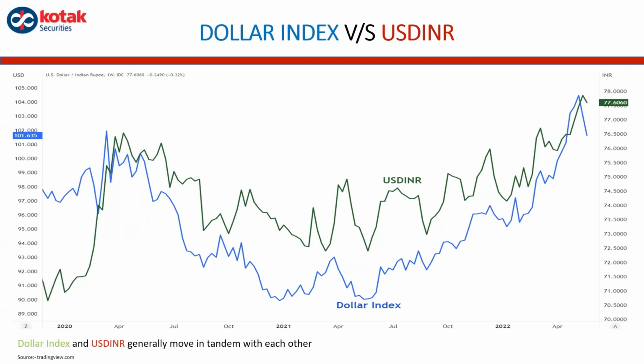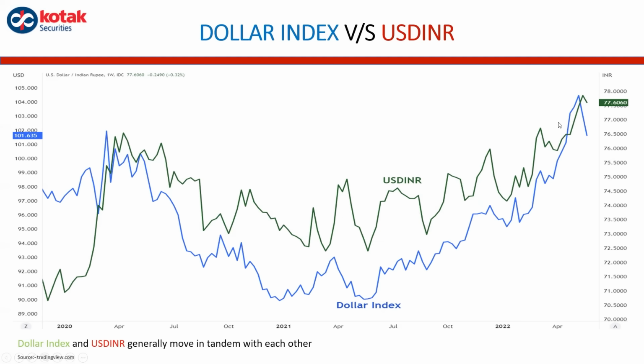That is why, if you look at the dollar rupee chart and the dollar index chart, they have a similar structure. I'll advise you to ignore the minor niggles here and there because there will be other factors affecting the dollar rupee. But if you look at the basic structure of the chart, when the dollar index moves lower, the rupee also moves lower. That is, the rupee gets stronger. When the dollar index moves higher, that is when the dollar is stronger.